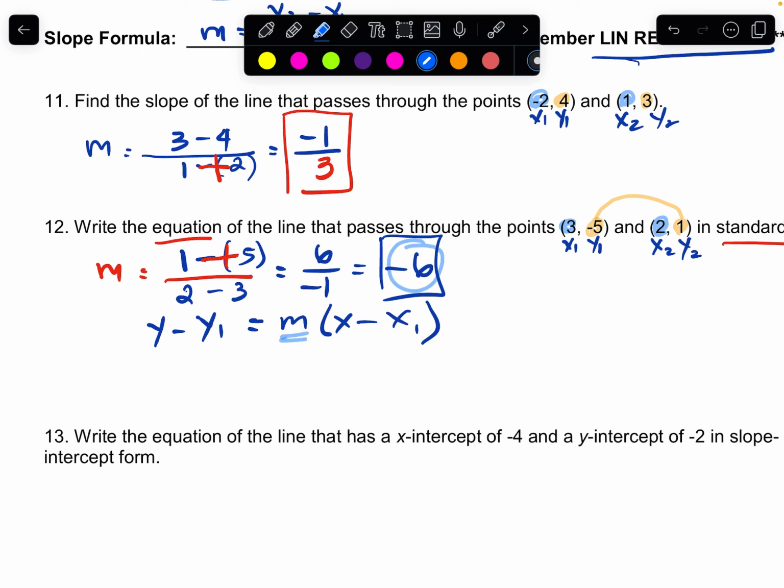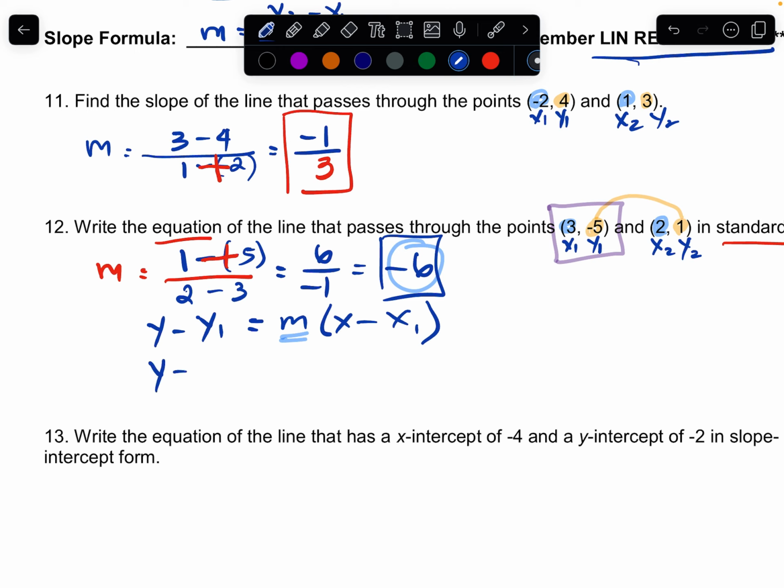That's m. And we can choose any of these points. Since I have them labeled x1, y1, I'm going to choose this point right here. You could choose the other point. That's perfectly fine. So let's substitute our numbers.